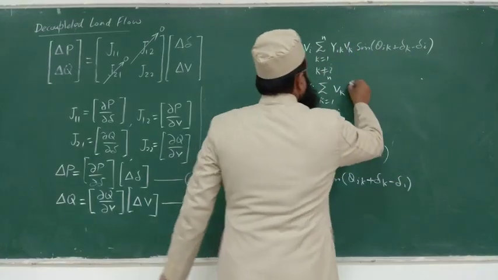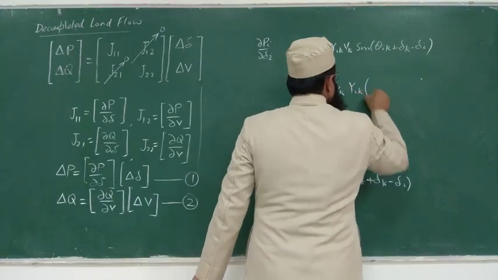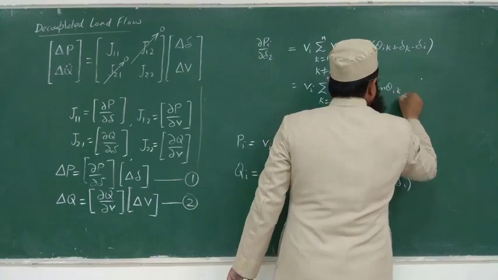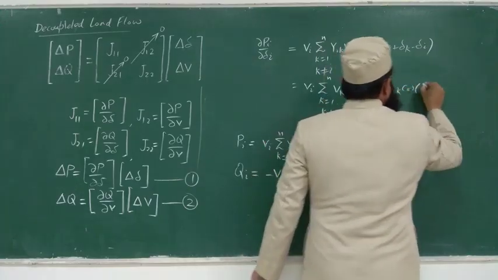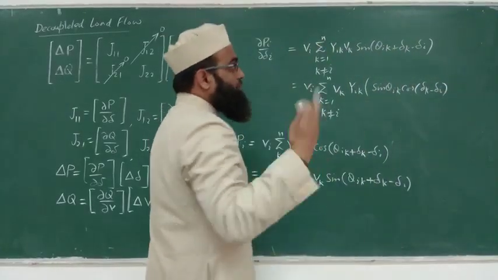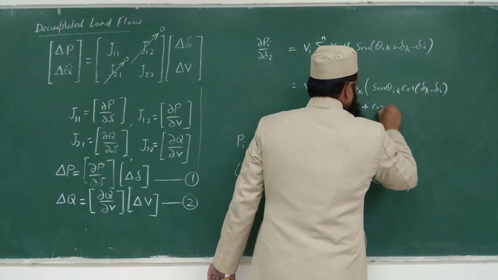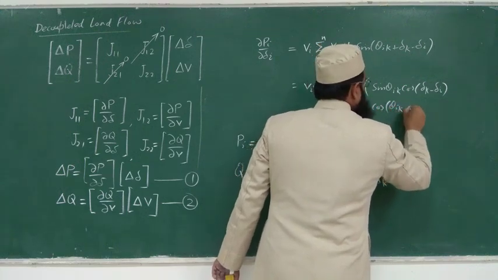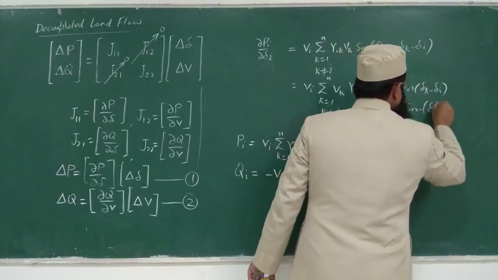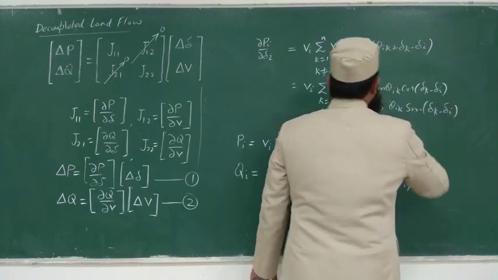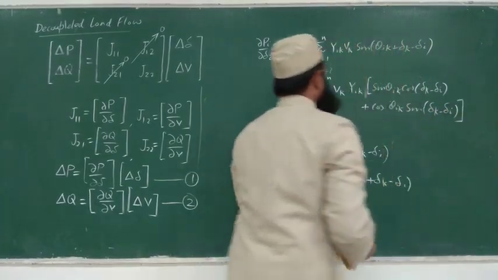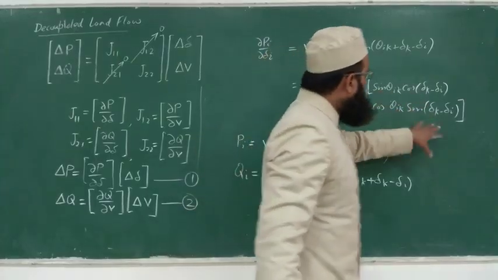Okay, first write Y_ik, sine A into cosine of (δ_k minus δ_i). Sine A cos B plus cos A into sine (δ_k minus δ_i). Put a bracket here. This is multiplied with these two terms.